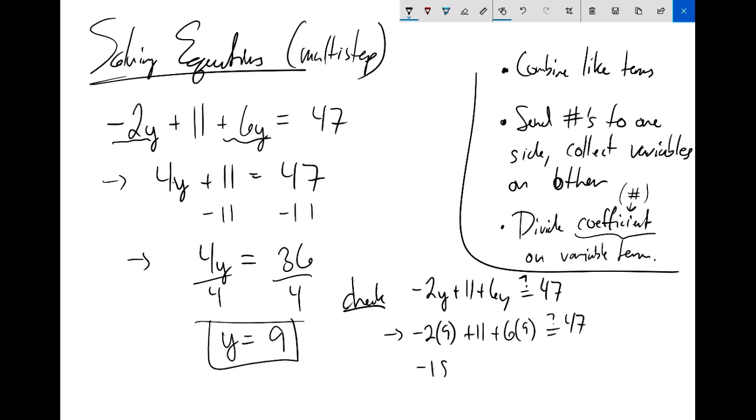Well, this would be negative 18. This would be 6 times 9, 54. And then you can add them up and see, well, negative 18 plus 11 is negative 7. 54 minus 7 is, yeah, it's 47. So you can plug it back in and actually know that, oh yeah, the answer is 9. 9 is the value that makes that equation true.